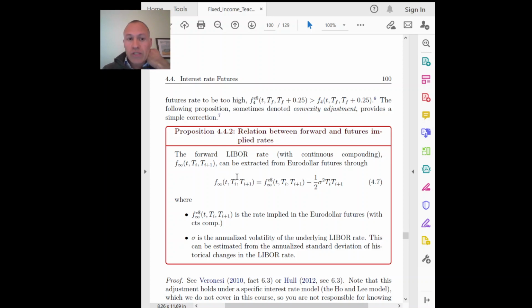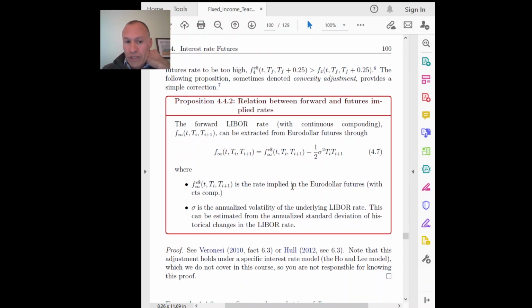So this part of the course is something that we will just take as given, meaning this formula comes from a model that we do not cover in this course. So we will just use it as a result without having to know the proof for where it comes from. But basically, the result is the following.